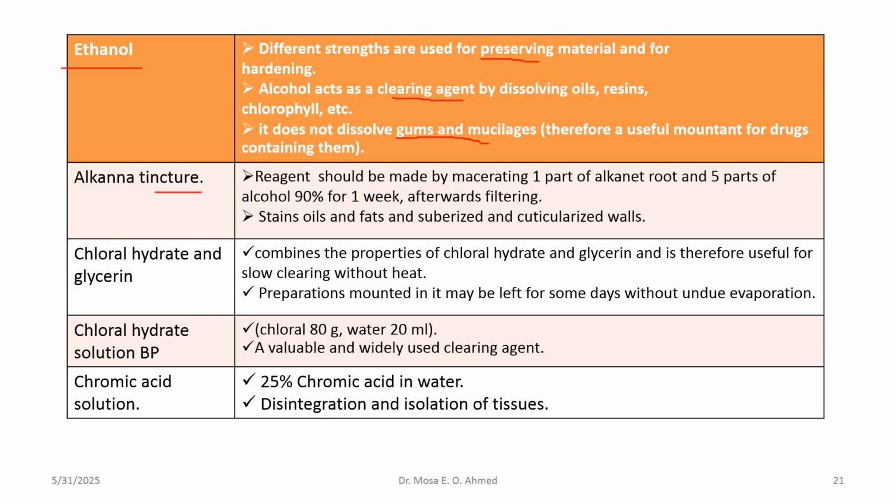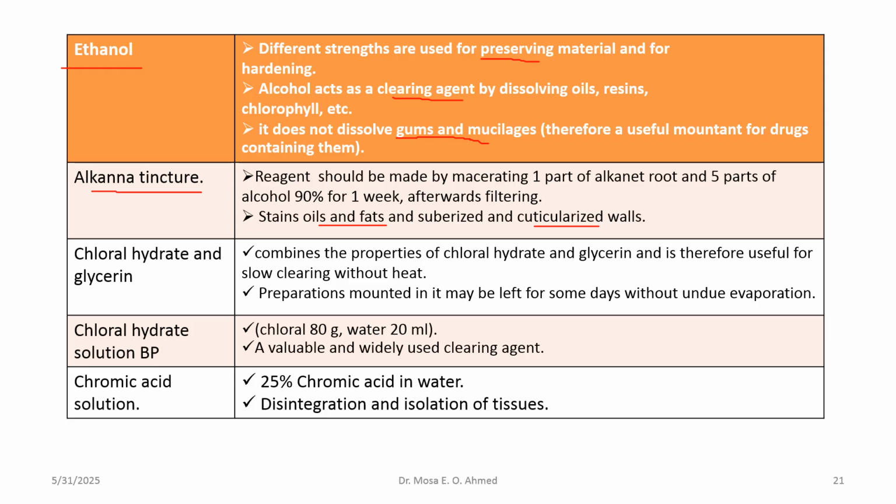Alkanna root is a staining agent, can be useful for fats, oil, and suberized and cuticularized walls. Chloral hydrate with glycerin is a useful clearing agent also.